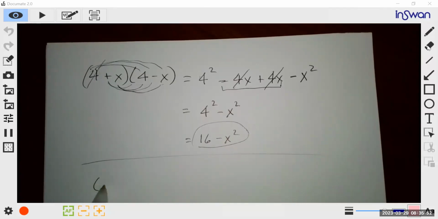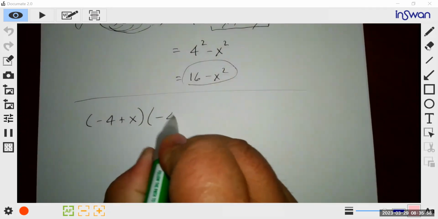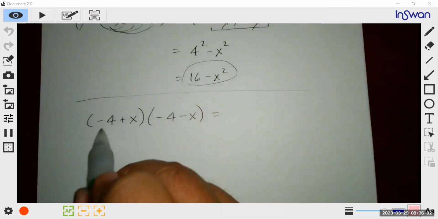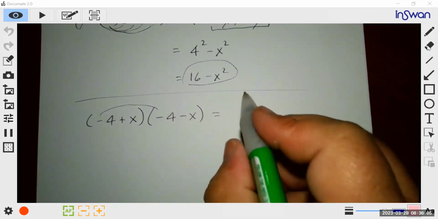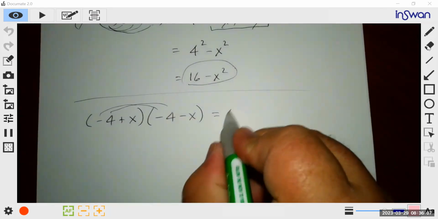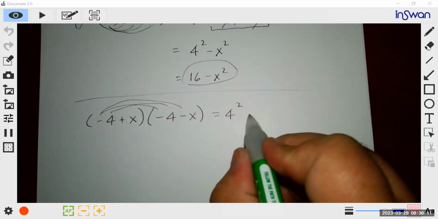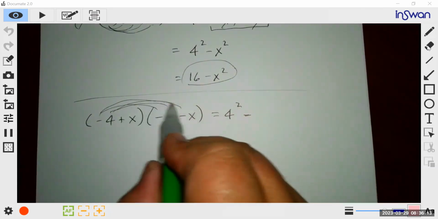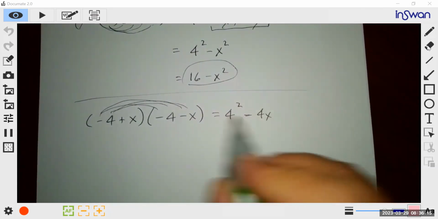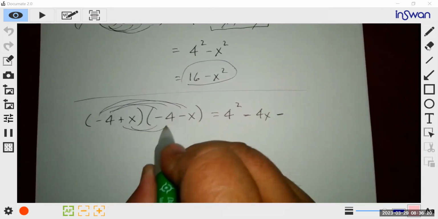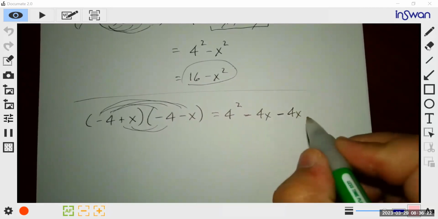Also works if we have negative numbers in there. So negative and negative is a positive. 4 times 4 is 4 squared. Negative times negative is a negative. 4 times X is 4X. Positive times negative is negative. X times 4 is 4X.